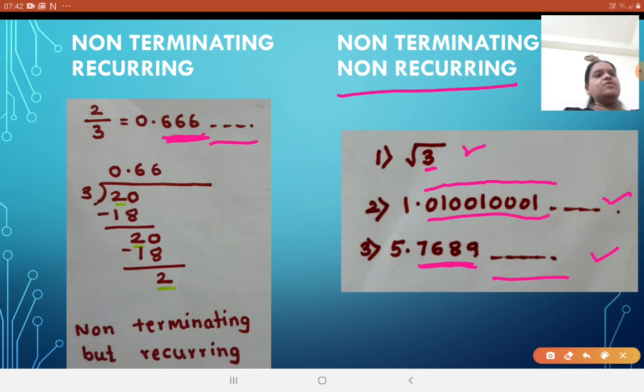Again I will repeat: whichever number you write in square root form, if the number inside the root is not a perfect square, then it is non-recurring.